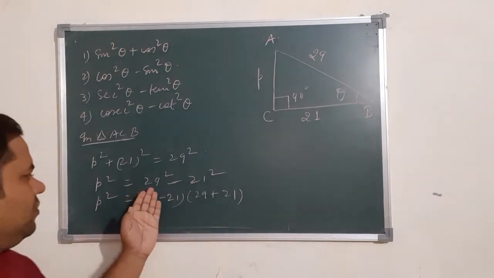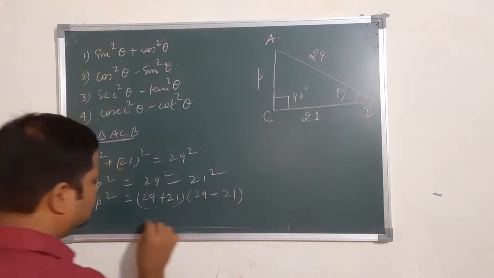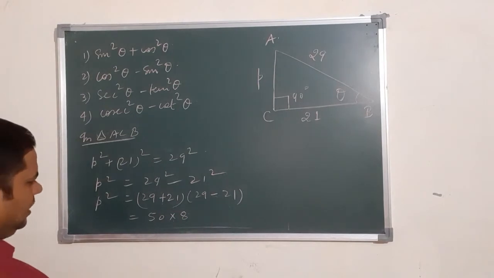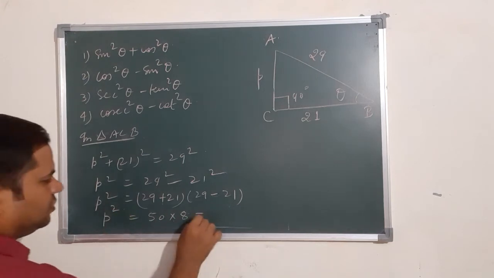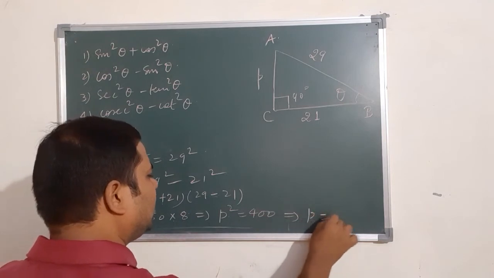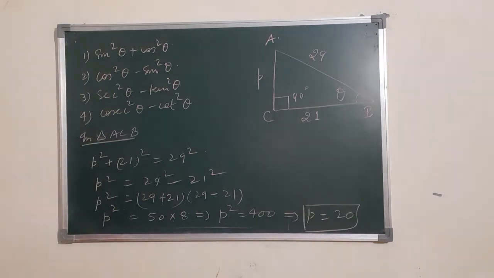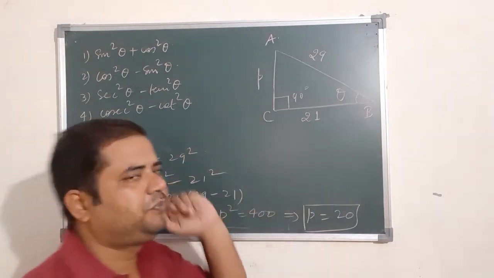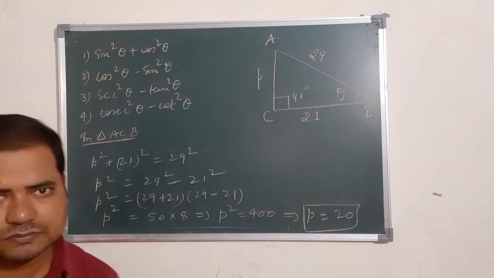So this is 50 into 8, which is 400. So P square equals 400, then P is nothing but 20. So whatever value you want to find, you can find here. First of all, note it down: P is equal to 20. Then we will find each value one by one.